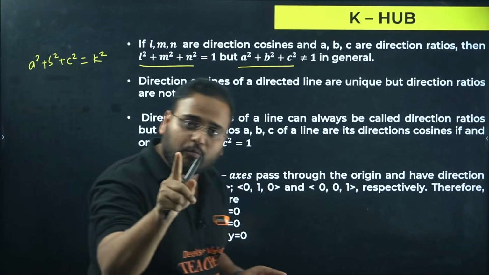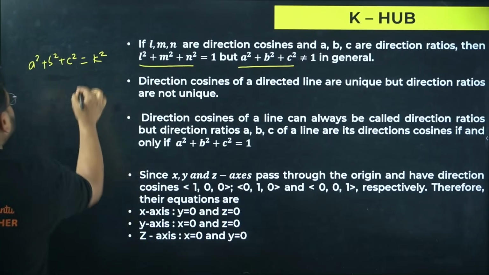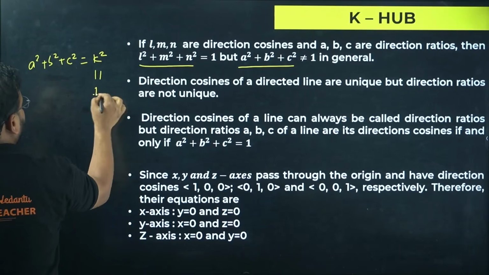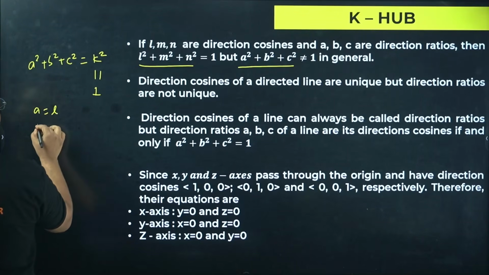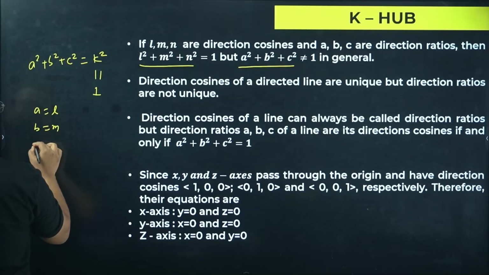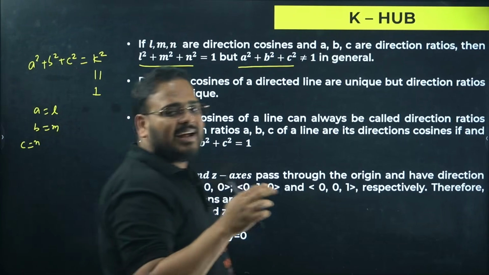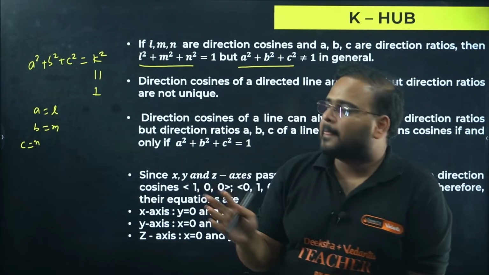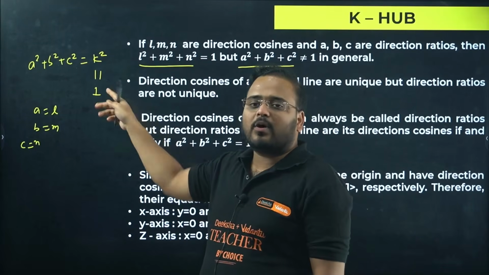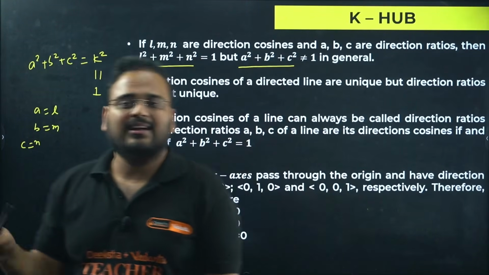It becomes equal to 1 when a is equal to l, b is equal to m and c is equal to n, when the direction ratios and the direction cosines are the same. Otherwise it will always be equal to some constant k square.